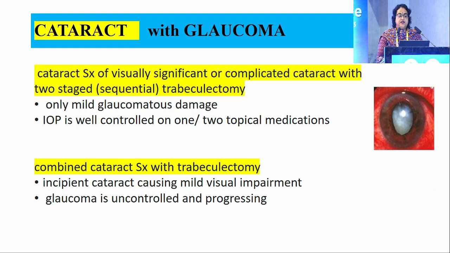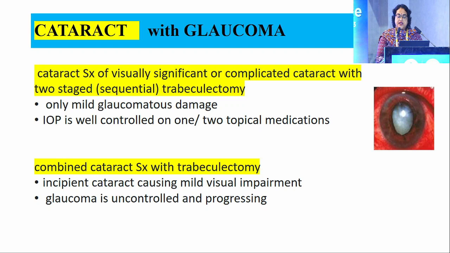Now when the cataract is more than the glaucoma, that is, the cataract is visually significant or a complicated cataract, then we can think of a two-staged or sequential trabeculectomy following the cataract surgery if there is mild glaucomatous damage or the intraocular pressure is well controlled with medications.